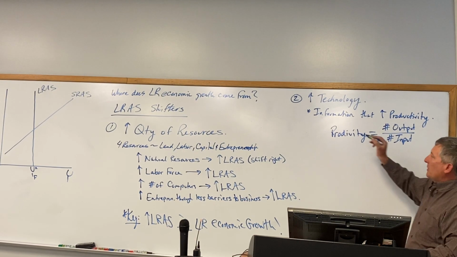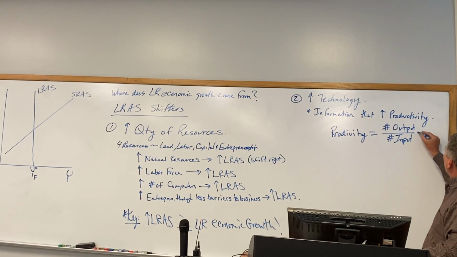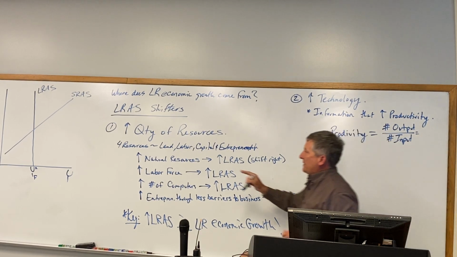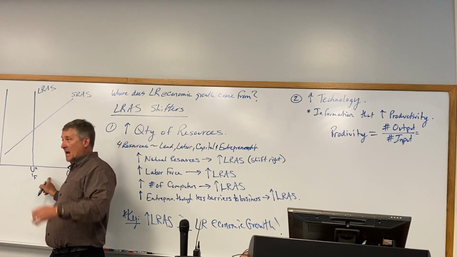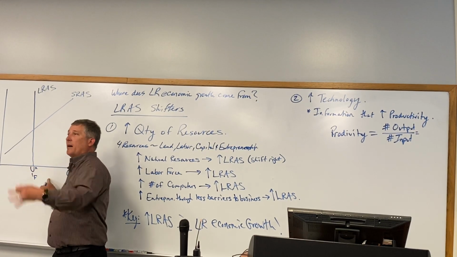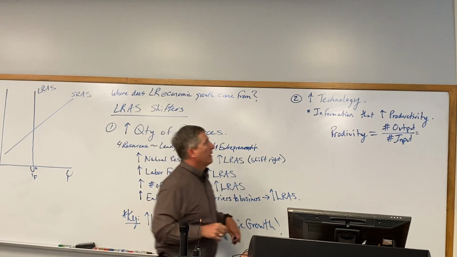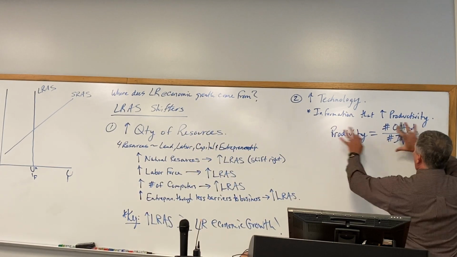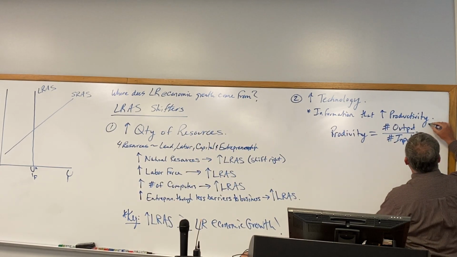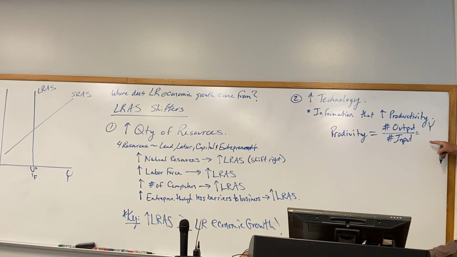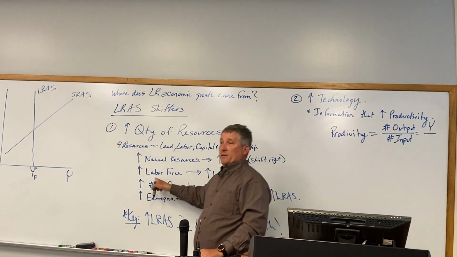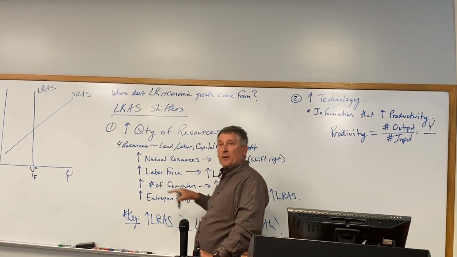Now to put it into macro perspective here, output is real GDP, right? That's a measure of our output of the nation, our income. And so from a macro variable perspective, this concept of productivity would be the GDP number divided by maybe the labor force, right? The amount of labor that was used.